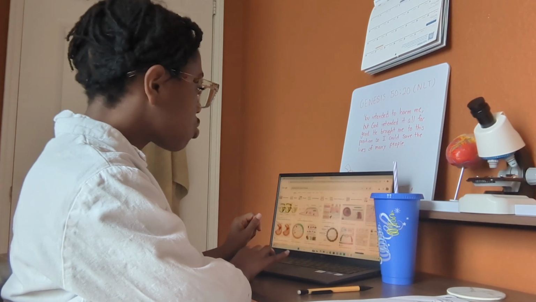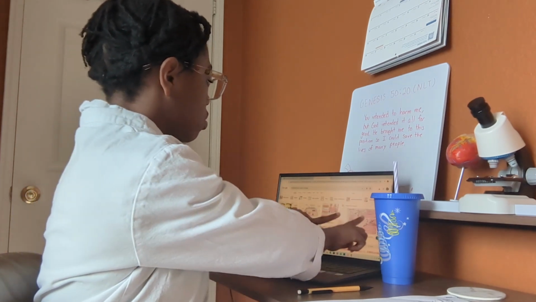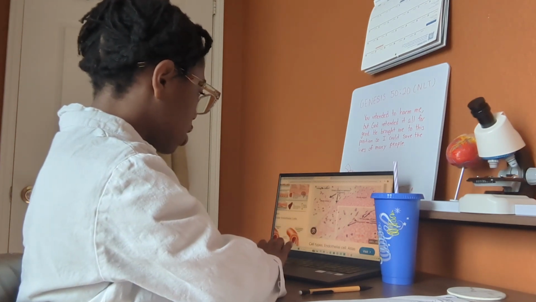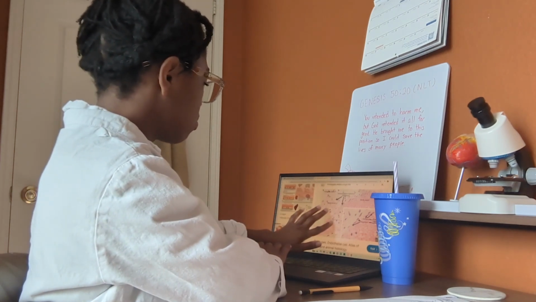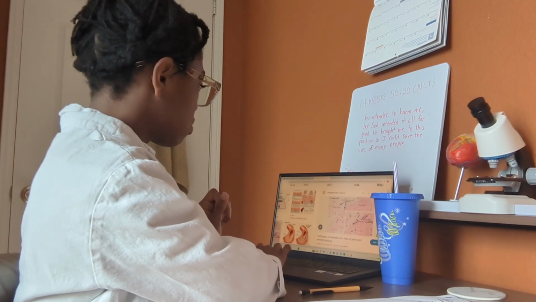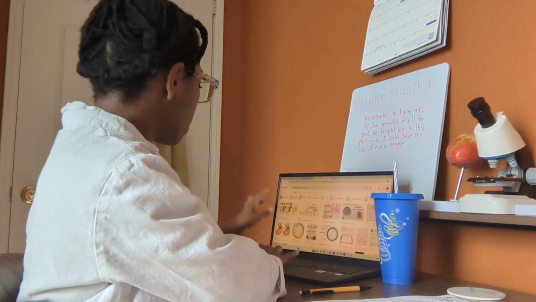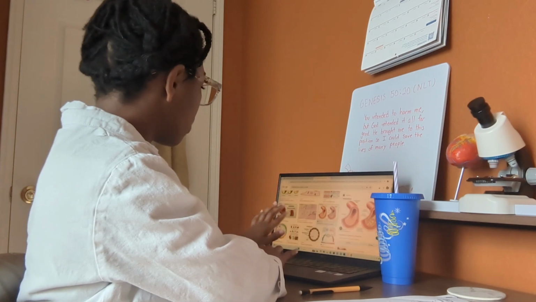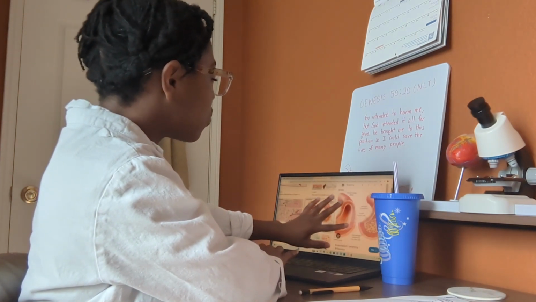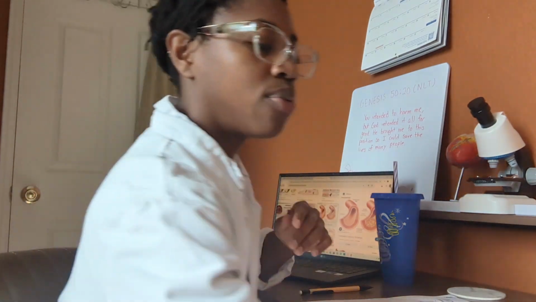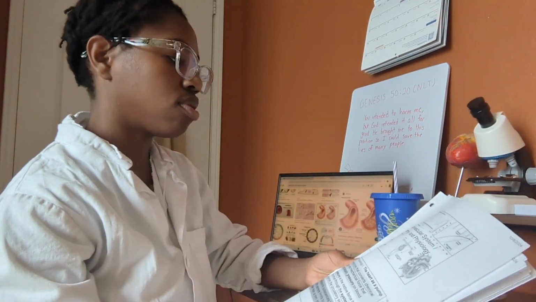So what does this picture show? Let me see. Oh, is this whole thing it? Okay, I know it lines blood vessels, but I still am like, what am I looking at? I don't understand. Oh, wait. Okay. These are the cells that are found in your arteries. I wonder if I have a picture. Well, it's probably not in these notes.